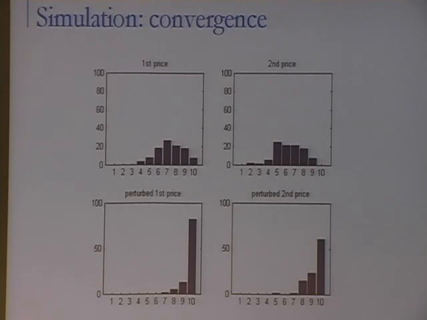In the first price and second price auctions without perturbations, in many of the cases, not very many advertisers converged. But when we perturb the auctions, we see that almost all the time, all 10 advertisers converge.